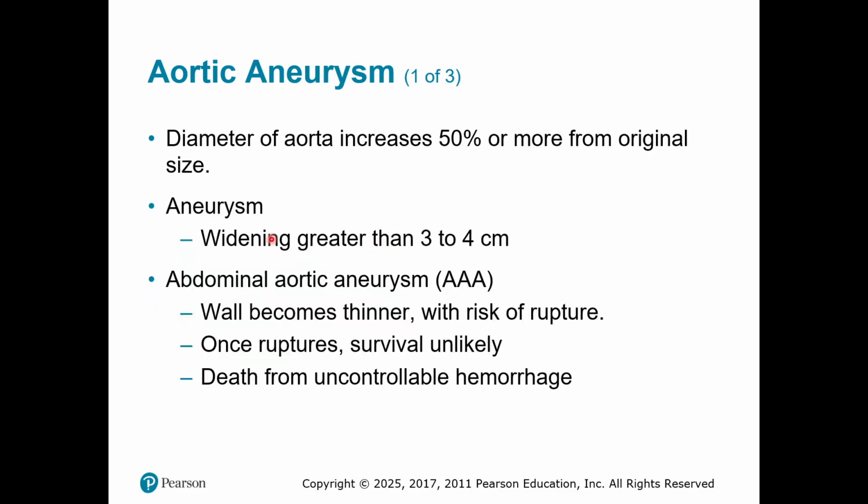They consider it when the diameter of the aorta increases by 50% or more from its original size, wider than 3 to 4 centimeters. We have something called an AAA, an abdominal aortic aneurysm. The walls become thinner with a risk of rupture. Once it ruptures, survival is very unlikely, and death will come from the uncontrolled hemorrhage.